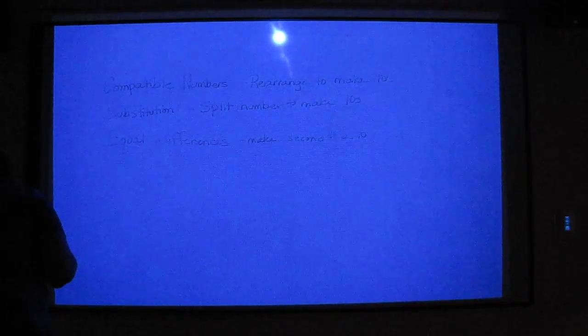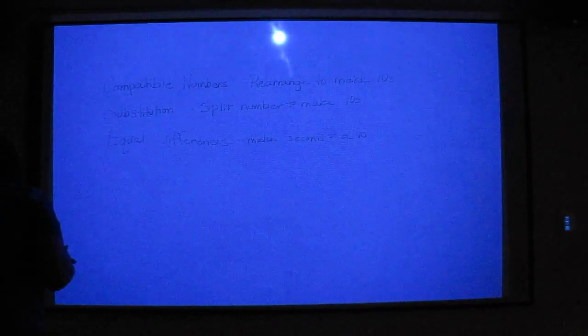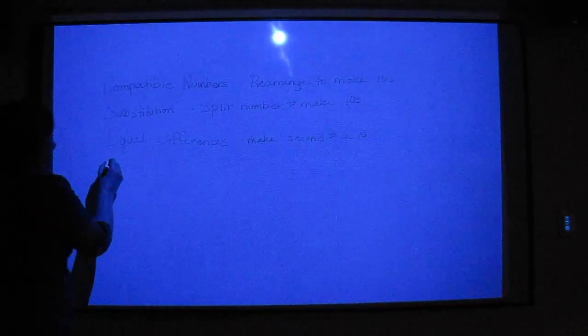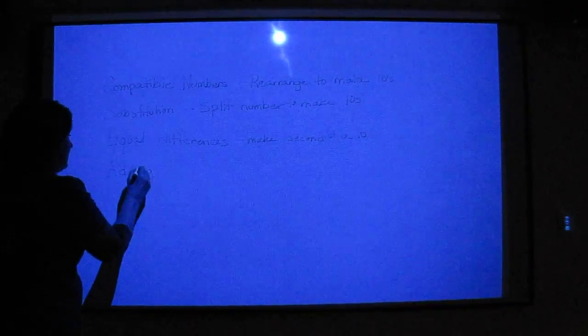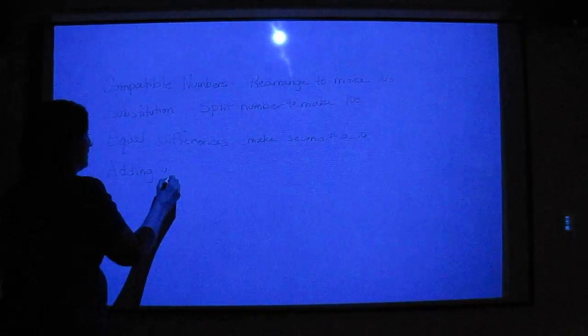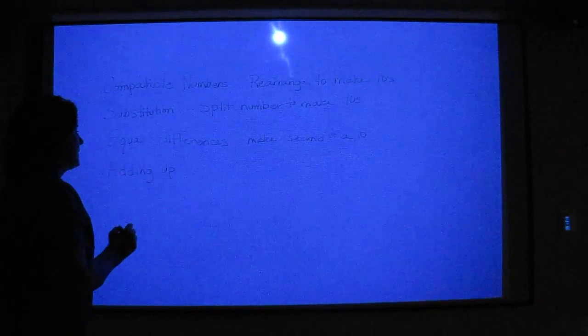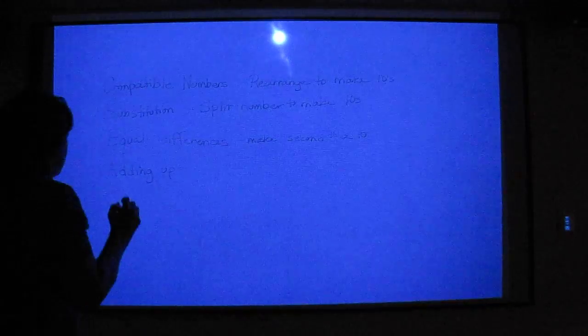Okay, the final one is called adding up. And this is actually a lot like we did when we did the missing addend in our problems with base 5 blocks. But we're going to do this one mentally.